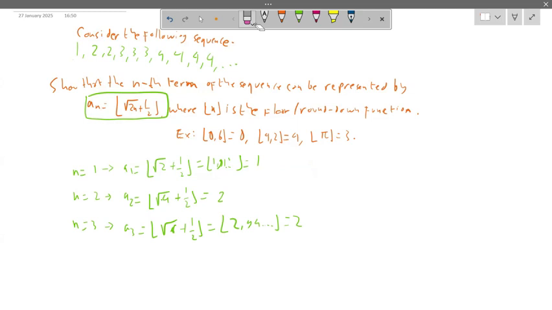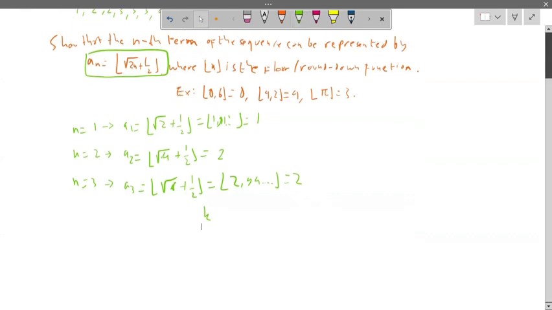But why? So to show that this is indeed the nth term of the sequence, let's say I have a natural number k.